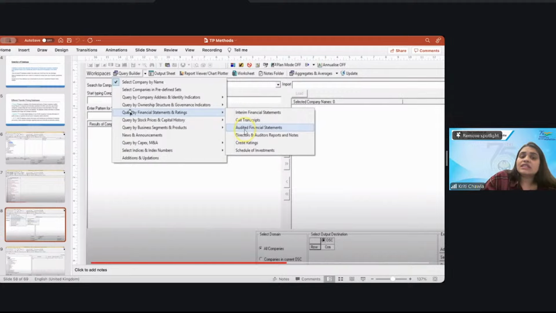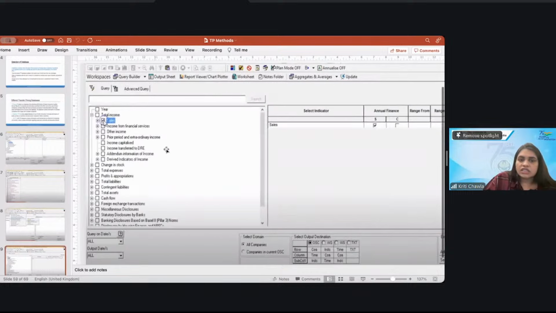Well, we select financial statements and ratings out there. This is the query that we put. And in this particular query, we ask for audited financial statements. This basically means that for those 207 companies that we have selected, we now need financial statements. Why financial statements? To calculate the net profit margin. So this is the breakup that it will actually give us.